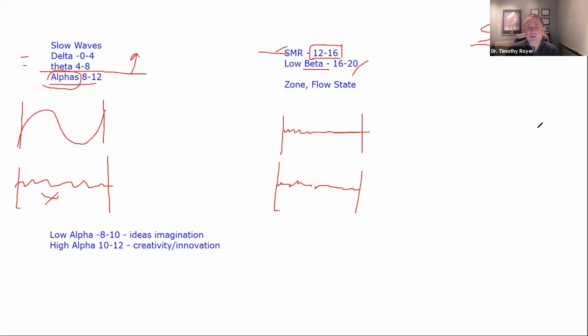In the late 60s, early 70s, a guy by the name of Dr. Sterman at UCLA was a neurologist working with brainwave activity. He knew about alphas, deltas, thetas, and betas, and he was doing some animal studies. He wanted to see what was going on, particularly in cats, when they were in a very calm but focused state.